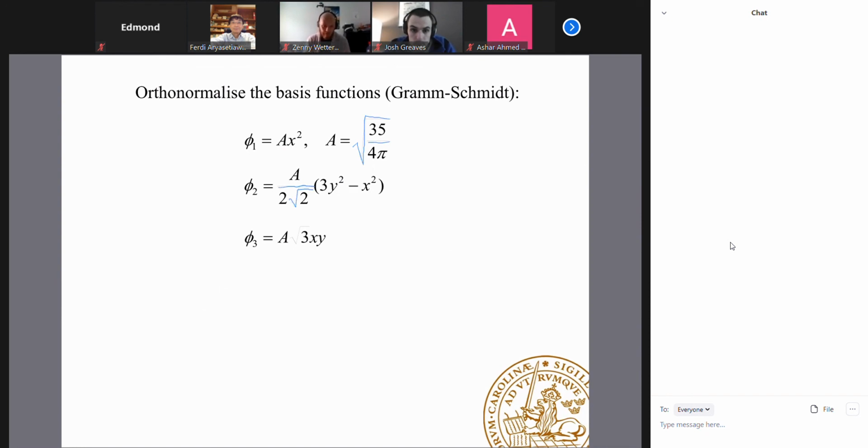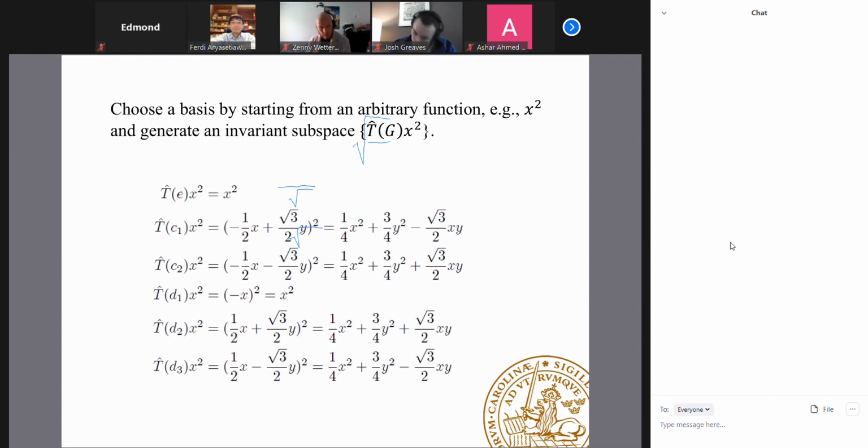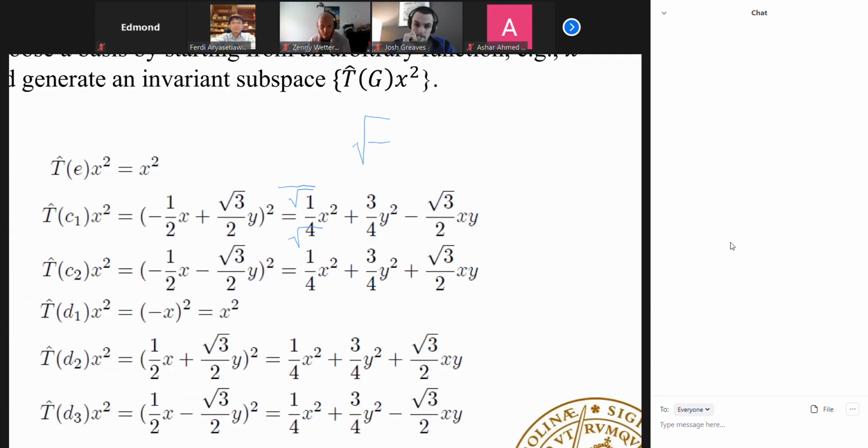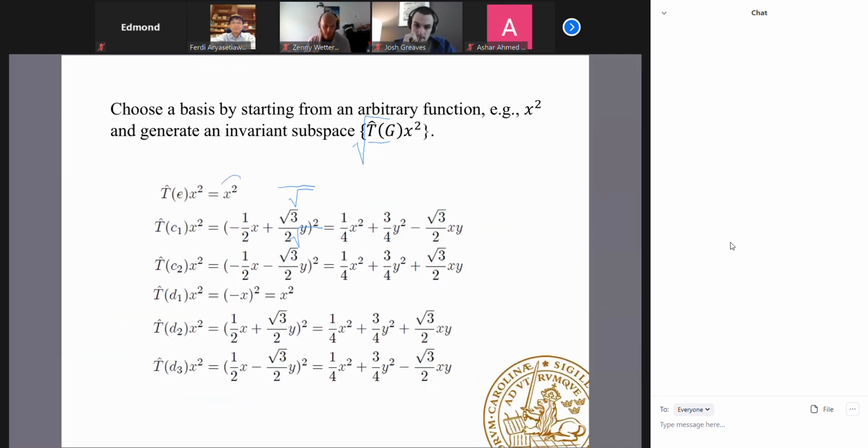Let's square it here. So we have these 3 functions. Let me go back. So we have these 3 functions: x squared, this one, and this one. So these are the 3 independent functions.